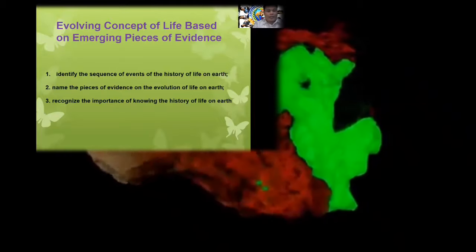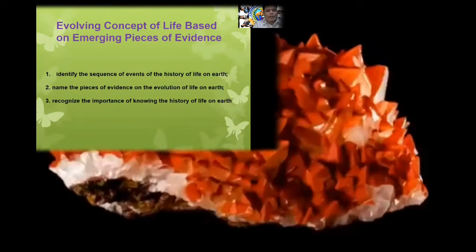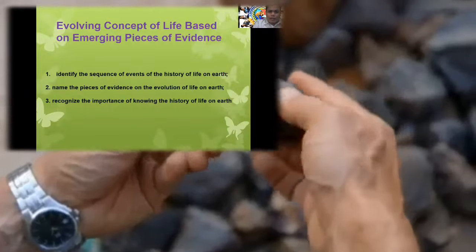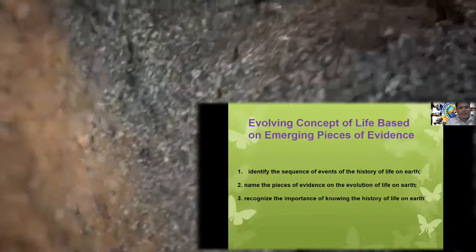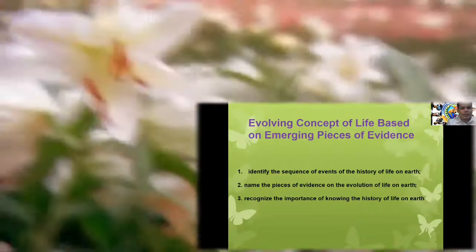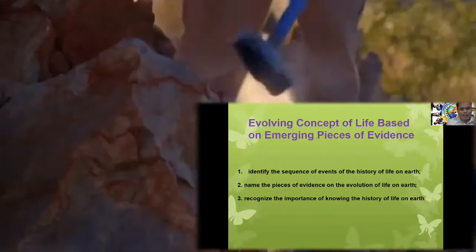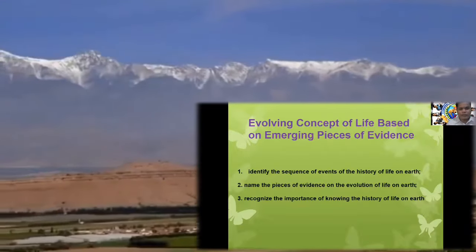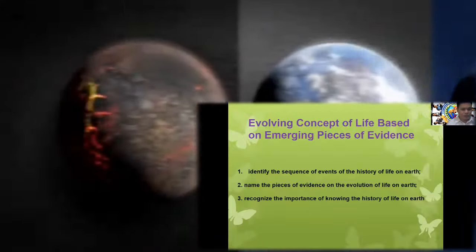Okay, today I would like to discuss the evolving concept of life based on emerging pieces of evidence and its unifying themes. Our first lesson here is about the evolving concept of life or the emerging pieces of evidence.